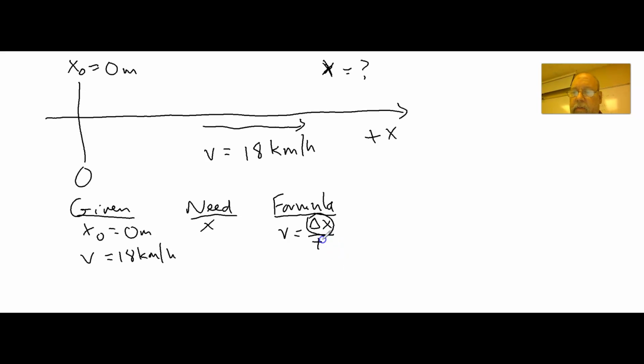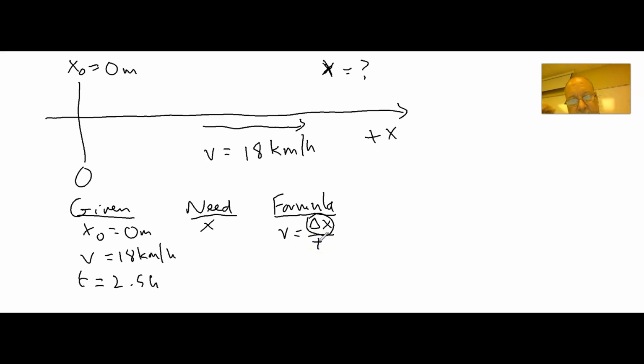Now, you certainly, if you want to, can go ahead and put 18 kilometers per hour in there and put 2.5 hours in for time, which I should have put in my given list. Okay, but I want to show you that isolating the variable that you want or getting it by itself before you plug values in, at least in more complicated problems, is going to be a better way to go.